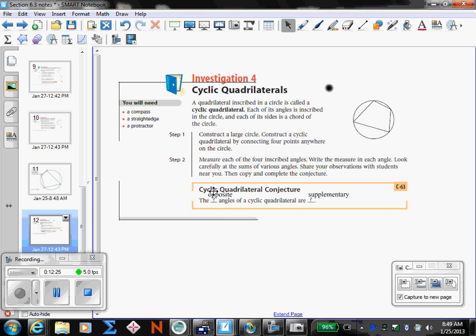Okay, the opposite angles of a cyclic quadrilateral are supplementary. Okay, we have one more conjecture.